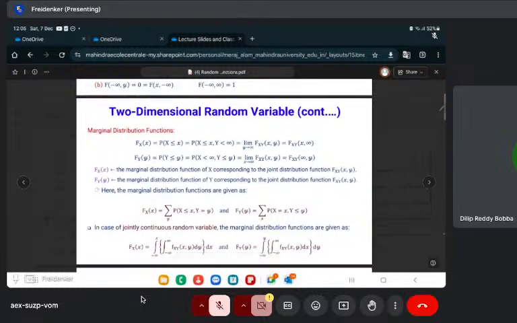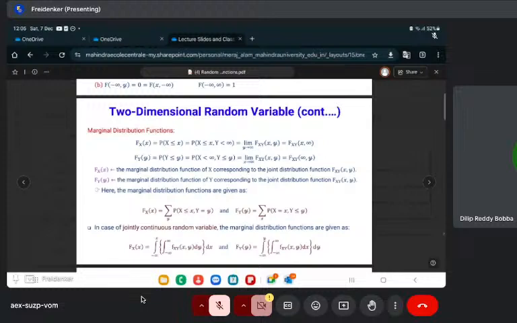Marginal. If you're trying to find marginal PDF, you will integrate it. If you have a joint random variable like x comma y, and you want to find the marginal PDF of x, what will you do?